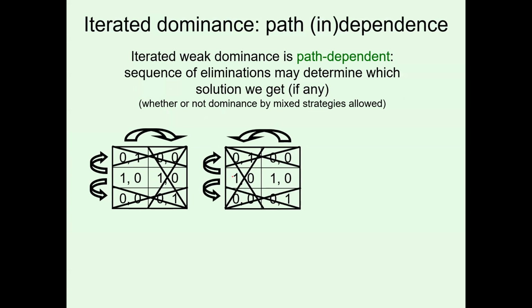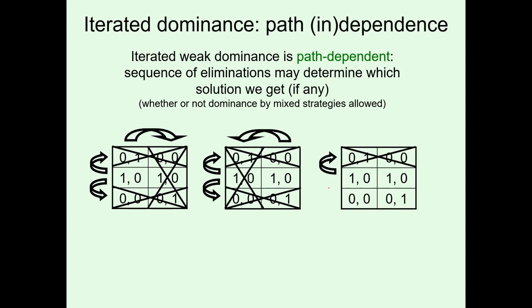And if I compare R2 and R3, then I would remove R3. So what happened now? Since the dominance earlier was only weak, I obtained a different strategy. That is what we call path dependent, no? Because it is like a path: first compare R2, R3, then compare C1, C2. Then in the other one, first compare R1, R2, then compare C1, C2. So the different paths of comparison give different strategies.